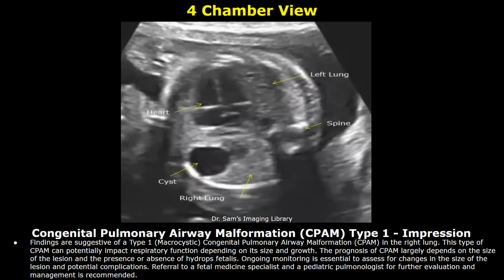Ongoing monitoring is essential to assess for changes in the size of the lesion and potential complications. Referral to a fetal medicine specialist and a pediatric pulmonologist for further evaluation and management is recommended.